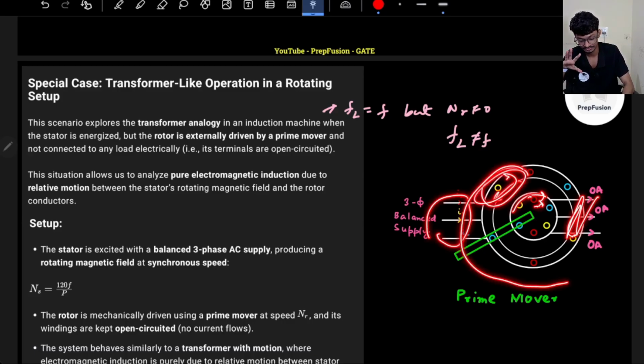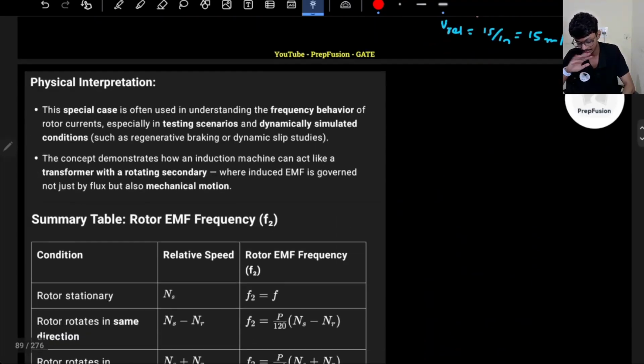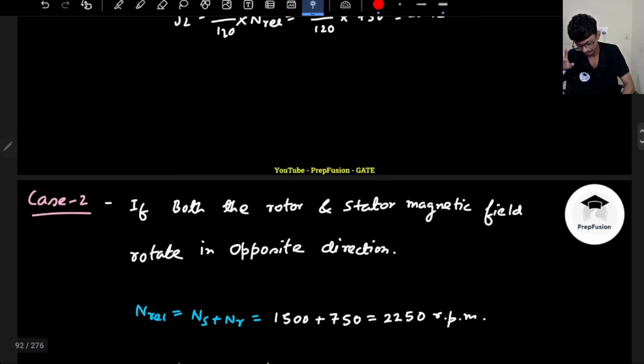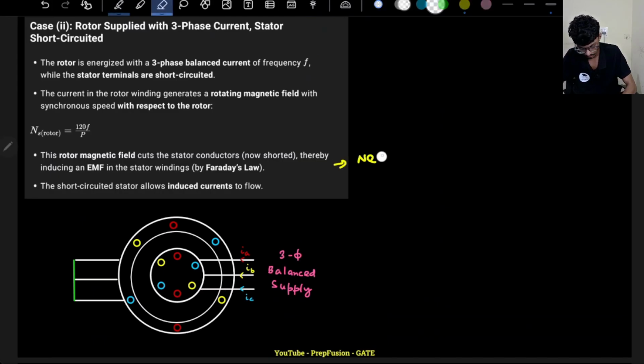But as the stator is fixed, it will not move. Hence it did not move, but still this torque was applied. The same thing will happen here. We will use Newton's third law. What does Newton's third law say?